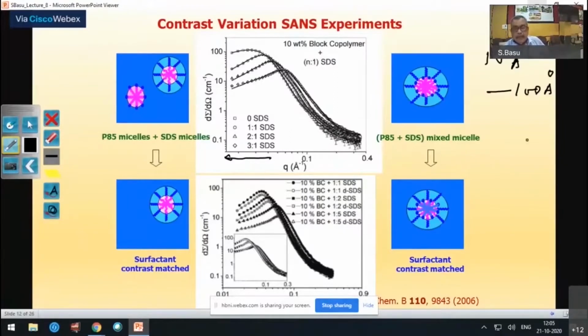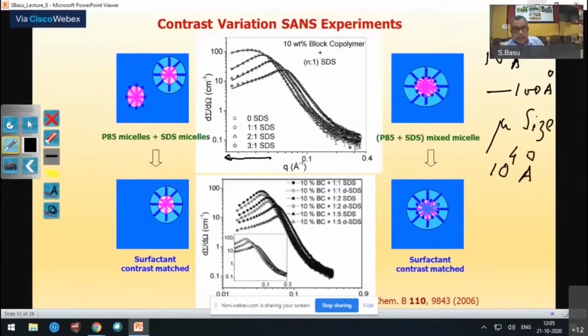If I go to a very powerful neutron source like, say, ILL Grenoble, you can see objects which are possibly micron size. Micron size means 10 to the power 4 angstrom.